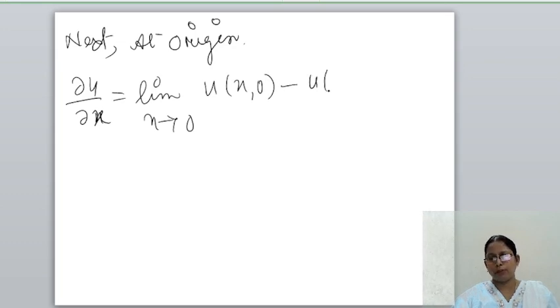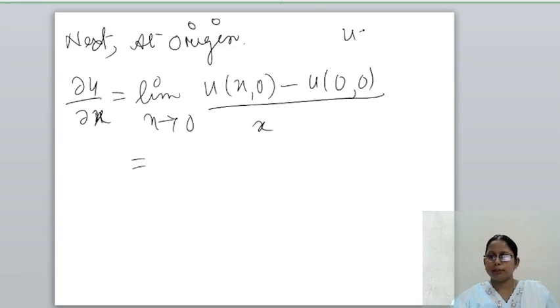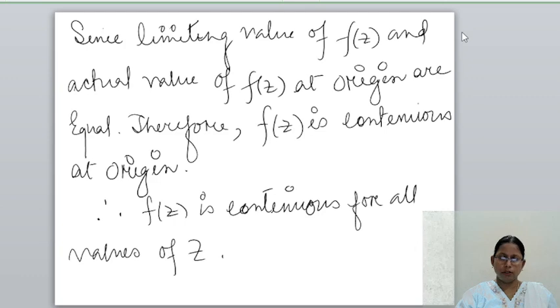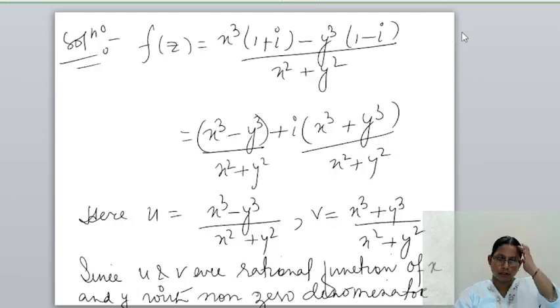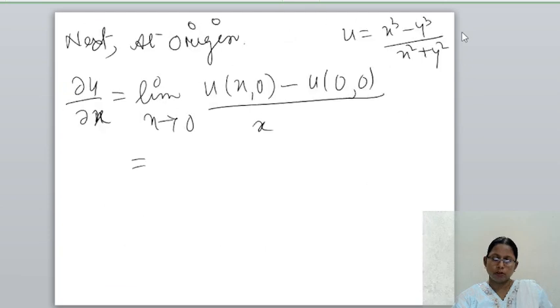The point is my origin, so these are (0, 0), the increment is x, so keep x. u is this function, (x cube minus y cube) by (x square plus y square). Yes, this one is u. So this is the limit x tends to 0.